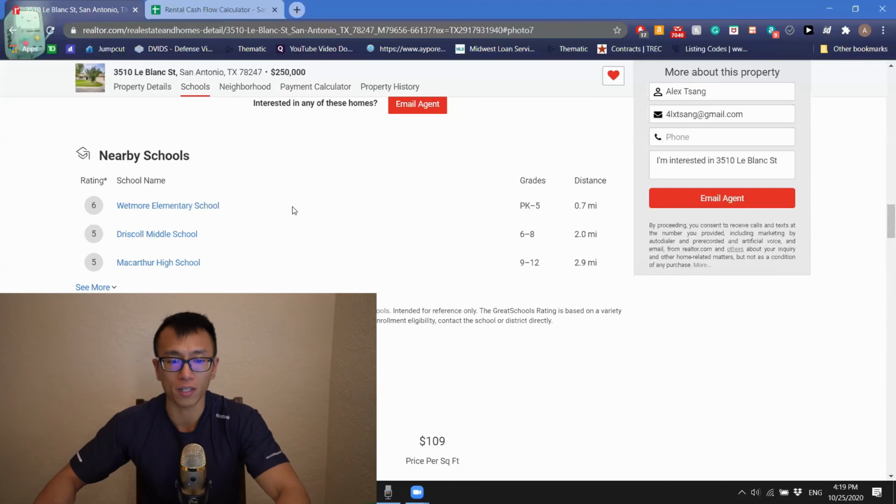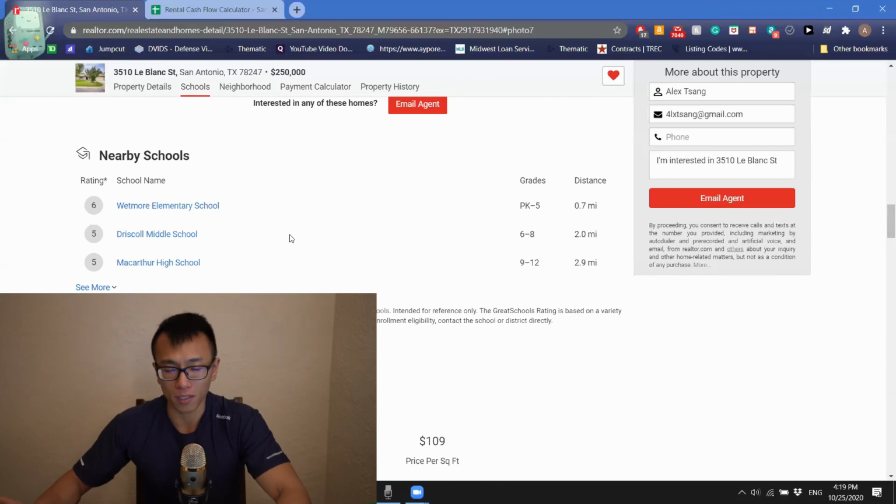I have found several houses that have an 8 or a 9, and those are A-class neighborhoods, right? These are literally probably students that are getting A's in school, and the community and the families that live there probably are higher income.